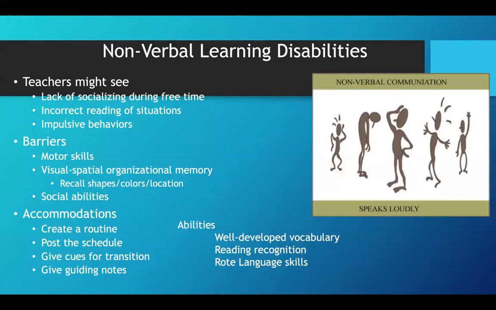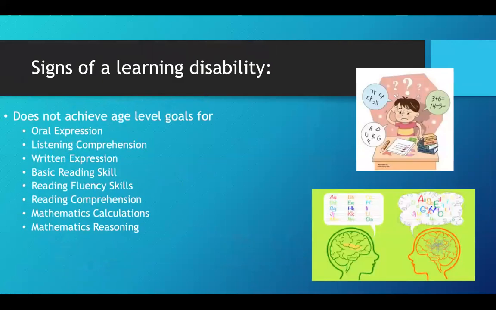Some abilities of this is they have a well-developed vocabulary. Their reading is really well. And then rote language skills, they can recall things very, very easily. All in all, there are some major ways to find a learning disability.